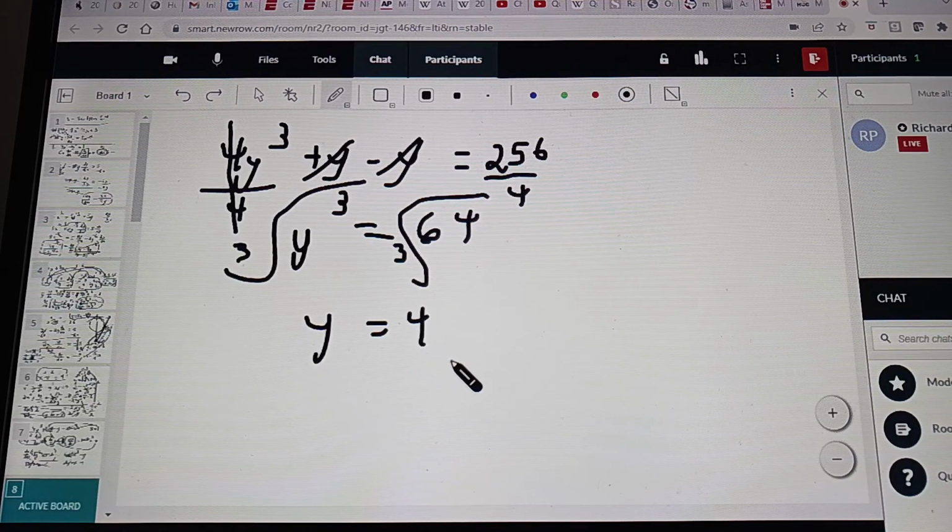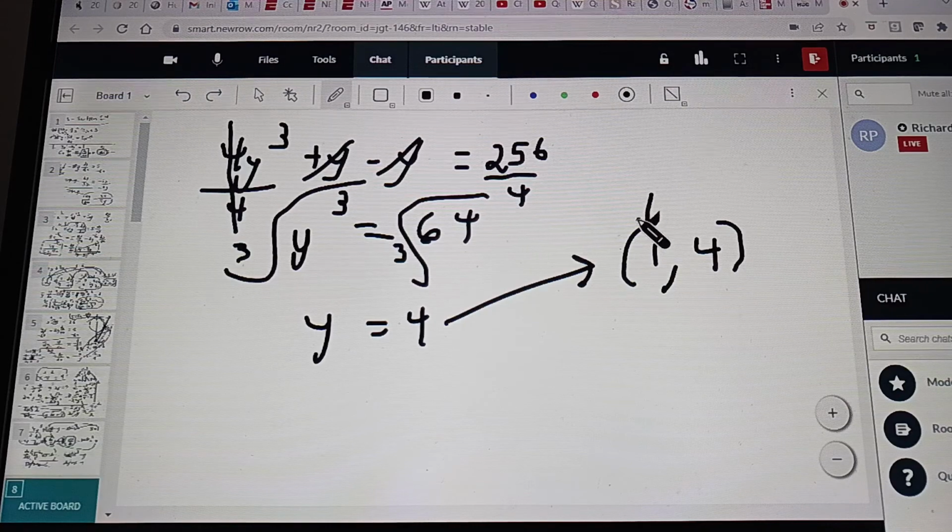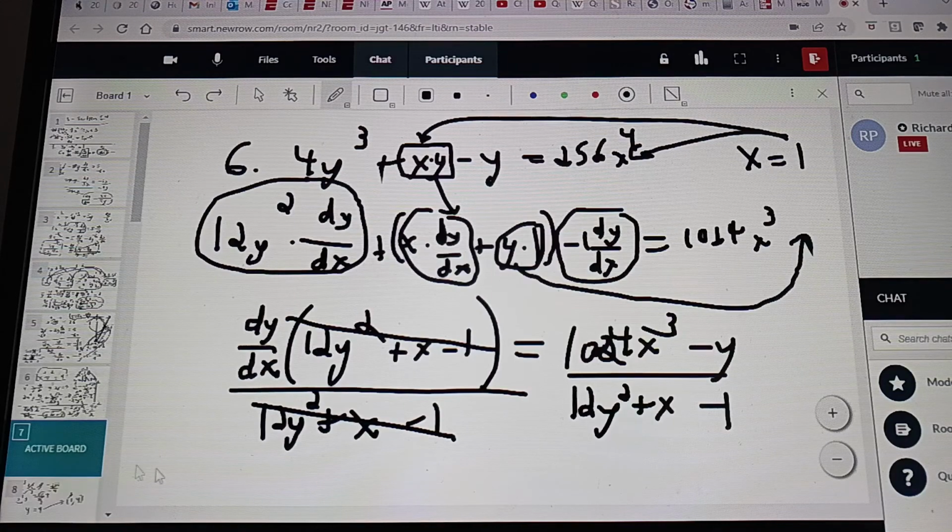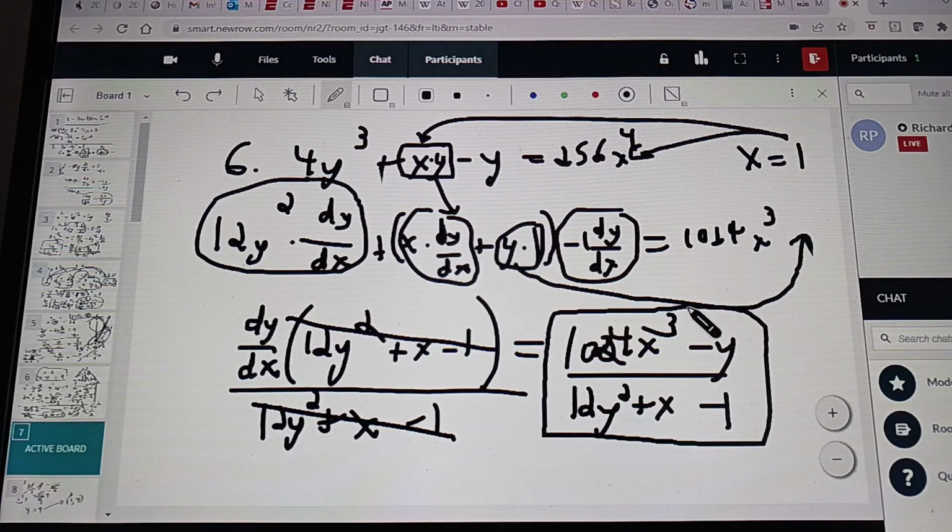So I just had to do some algebra to figure out that actually the coordinate we want to plug in is (1, 4). This time they only told you the 1. They didn't tell you the 4. You had to find it yourself. But once you find that yourself, now it's just like the last two problems. Although the derivative is a little more complicated, now I have this more complicated derivative to plug into, where before it was a simpler one.